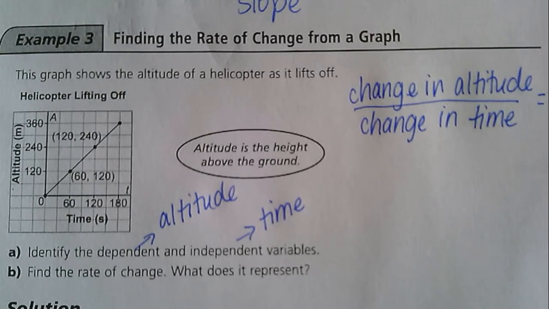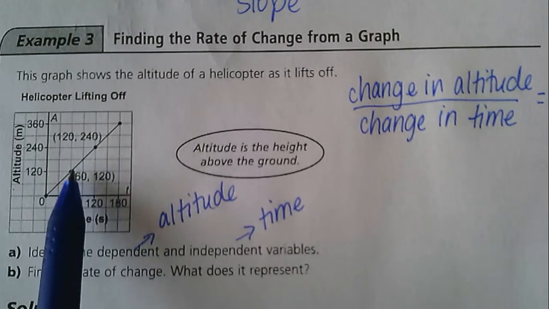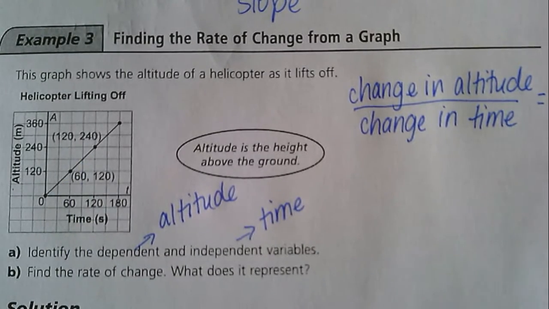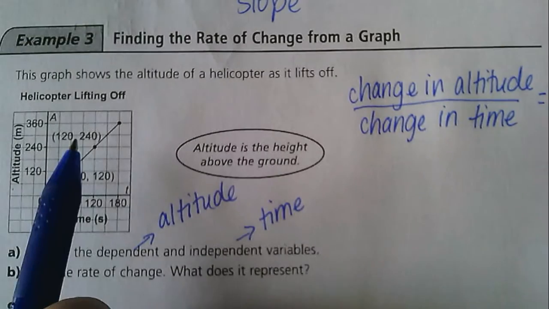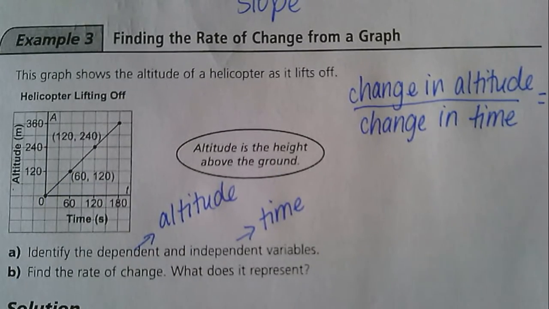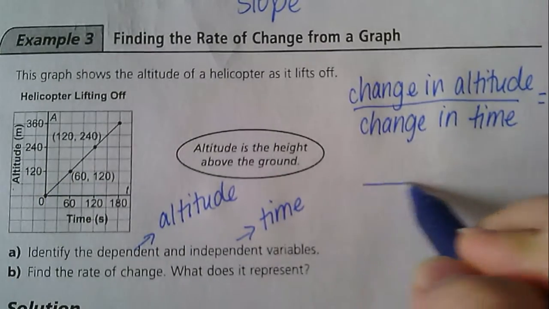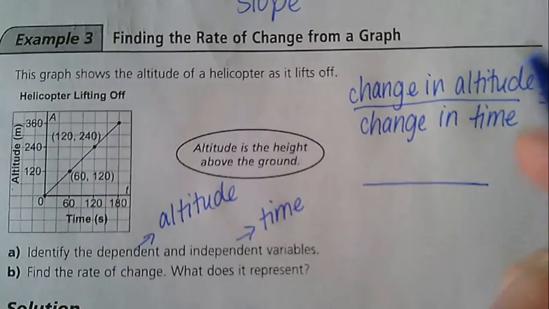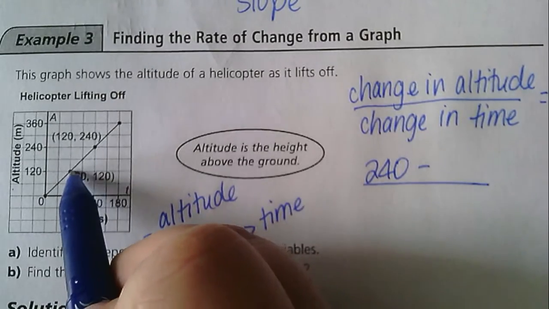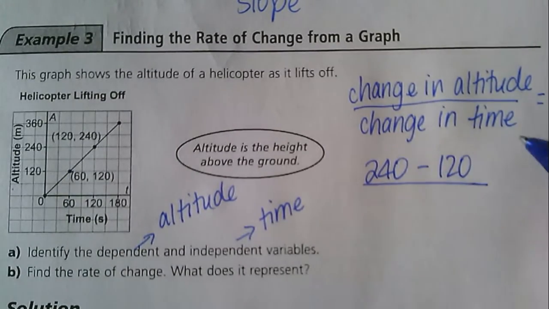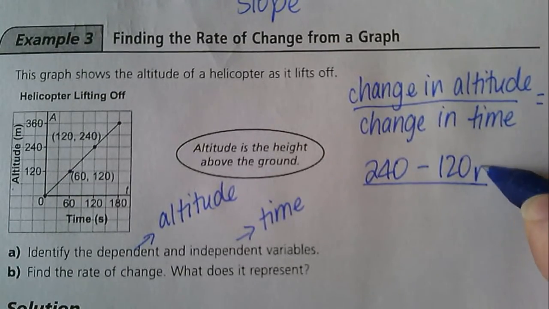And we generally are going to use 2 points on the graph. They've actually already given us 2 points on the graph, and those are the ones we're going to use for this example. Remember, the first number given in any ordered pair is our x value. The second is our y value. So we're going to be using our two y values for the top: 240 minus our first point, which was 120, and those are both in meters.